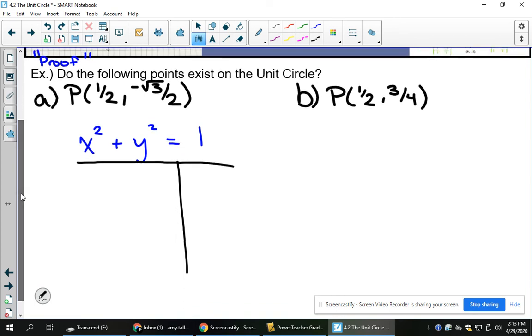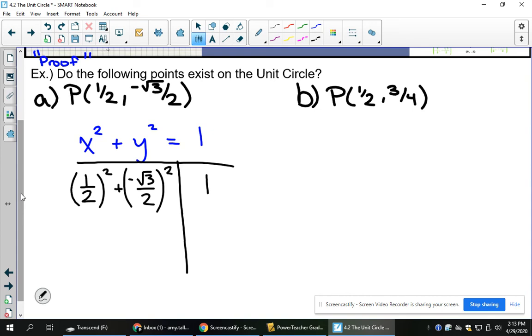So I'm going to sub in my X value and my Y value. And I'm going to write the 1 that's in the right-hand column, but in a proof, you don't have to keep writing the same thing over and over again. That column is equal to 1, and it's going to stay that way till the end of the proof.